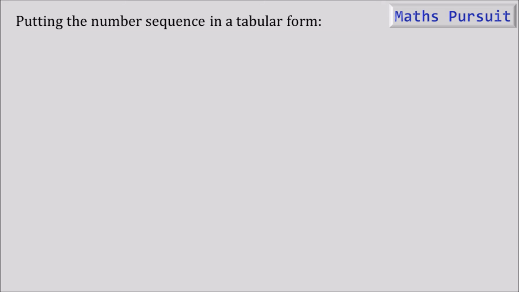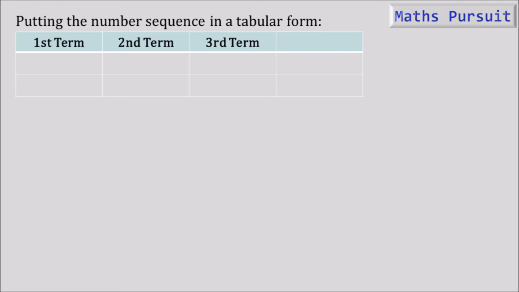Now we are going to take a 4-column table with 3 rows, naming first term to first cell, second term to second cell, third term to third cell, fourth term to fourth cell, and putting the first number, that is A, under first term, 2A under second term, 3A under third term, 4A under fourth term, and naming A1 to first term, A2 to second term, A3 to third term, A4 to fourth term. Guys, I'm just naming A1, A2, A3, A4 so that it will be easy while doing our calculations.